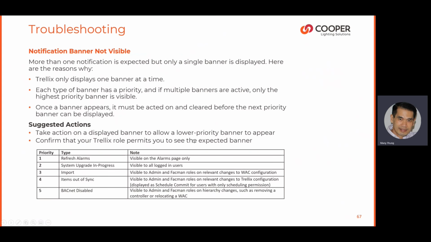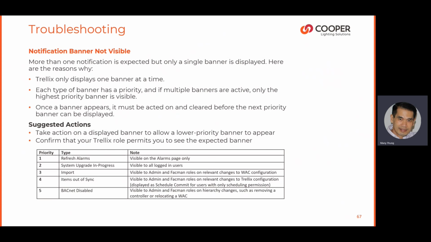Now, talking about the red banner, sometimes the banner is not visible. Sometimes more than one notification is expected. But after you do something, you expect to see a different notification popping up, and you only see a single banner showing up on the top of the screen.